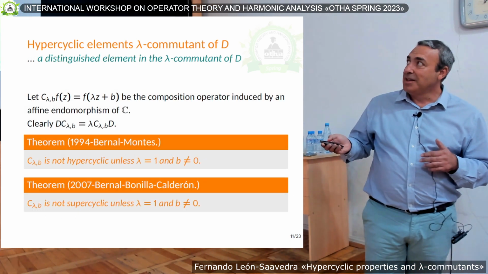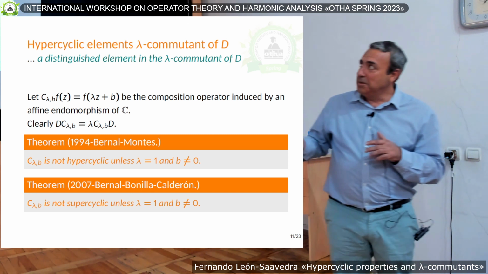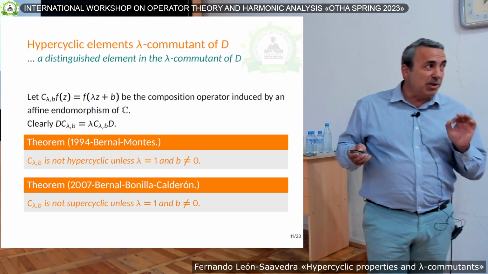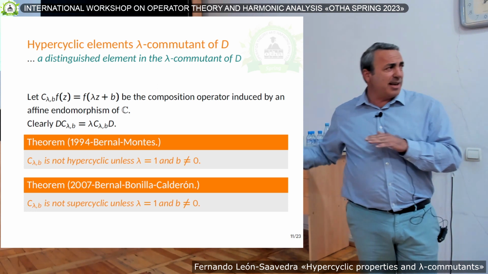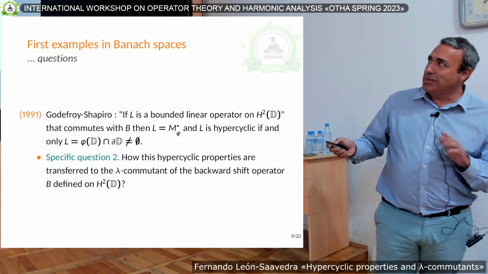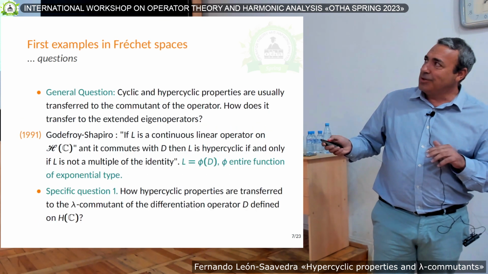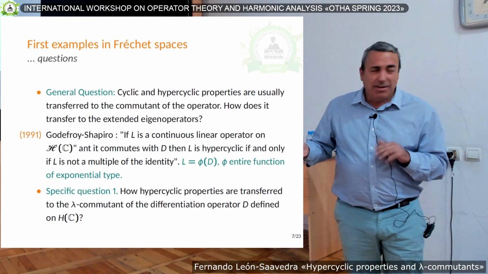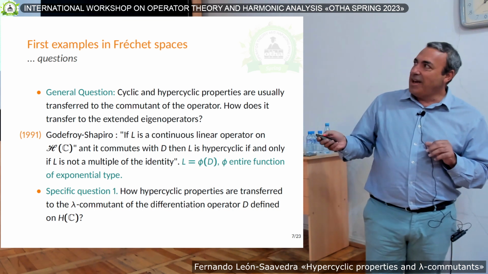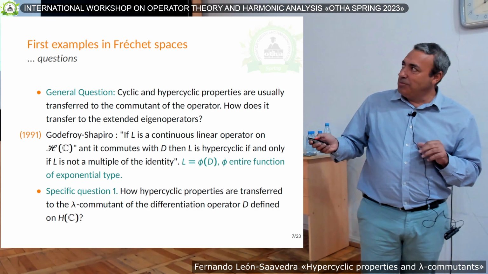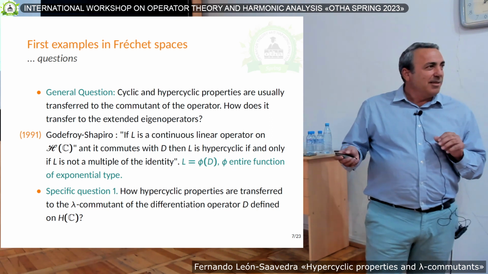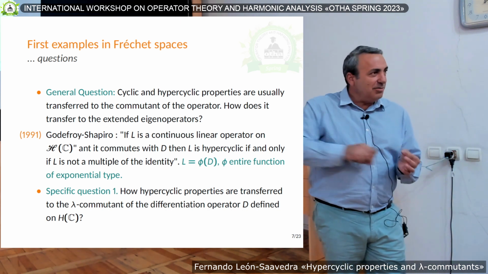And let me introduce a distinguished element in the lambda commutant. But let us go back again to the Godefroy and Shapiro result. Please keep in mind the role of the identity: every element in the commutant which is not a multiple of the identity is hypercyclic. So that result pivots around the identity.